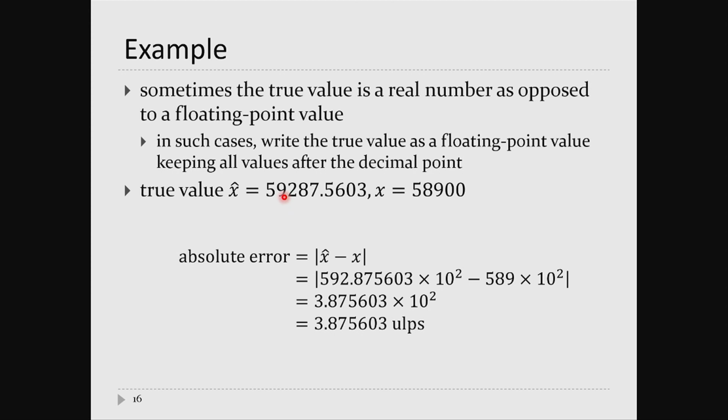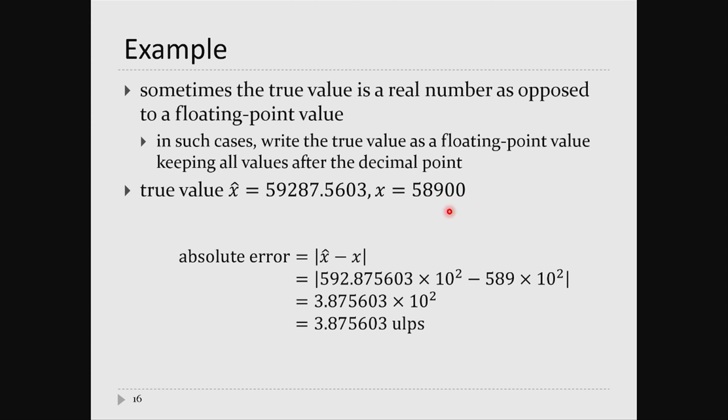There's way more than 3 significant digits here. So I convert that to floating point, 592.875603. Now, if you were to really do this on your computer, you couldn't keep the 875603, because I don't have that many digits in the significand. But for the purposes of computing error, you keep them all, even though I can't actually represent that using floating point.